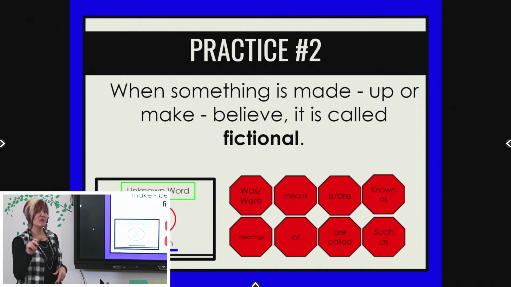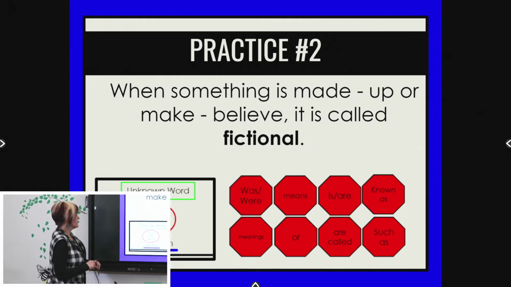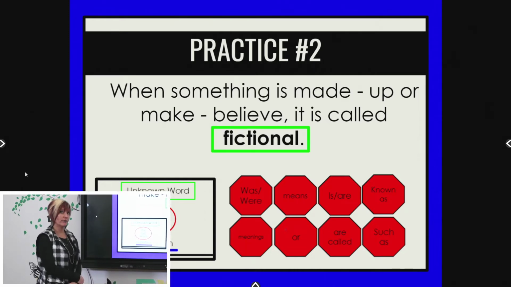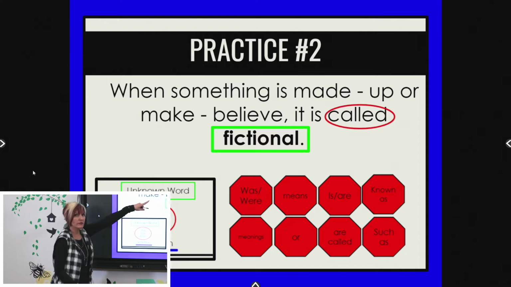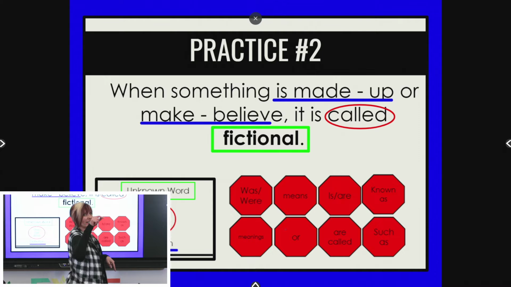Let's try another one. When something is made up or make-believe, it is called fictional. We know that our unknown word is in bold, so it's fictional. What is that stop sign word? It's the same one up here as or. Did you guys pick that one? I tricked you, didn't I?